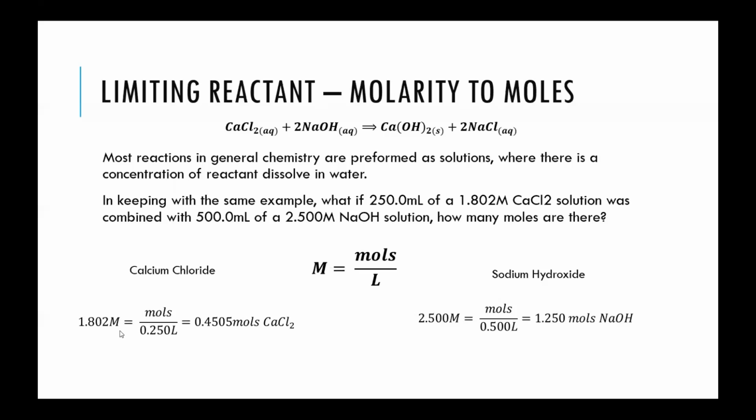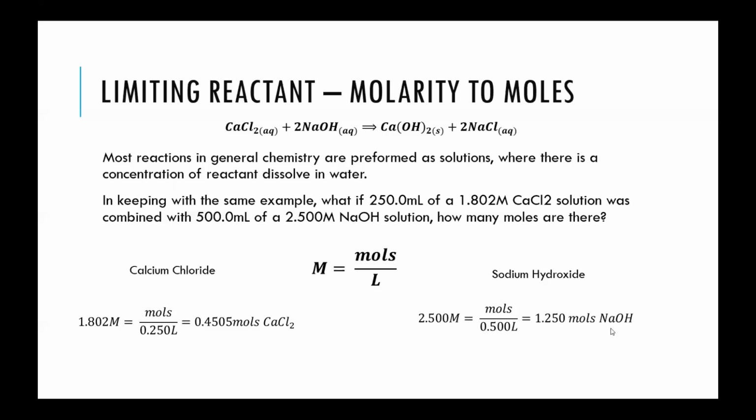When we multiply the 1.802 molarity times the 0.250 liters, remember this was milliliters and it needs to be converted to liters, so that would be divided by 1,000, and when we multiply these two together, we get 0.4505 moles of calcium chloride. And likewise, we get the same for the moles of sodium hydroxide.